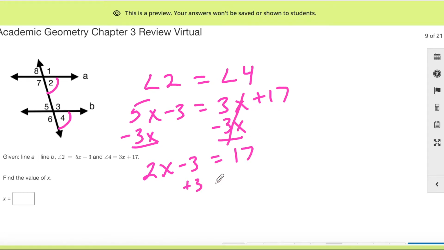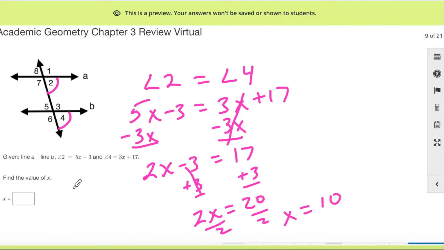And we are only looking for the x value in this problem. We get 2x equals 20. Divide both sides by 2. X is equal to 10. If we wanted to find out what each angle was, we just put x in the value of 10 in here. 5 times 10 is 50, minus 3 is 47. 3 times 10 is 30, plus 17 is 47.